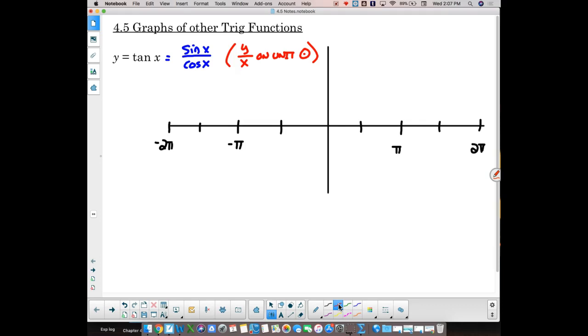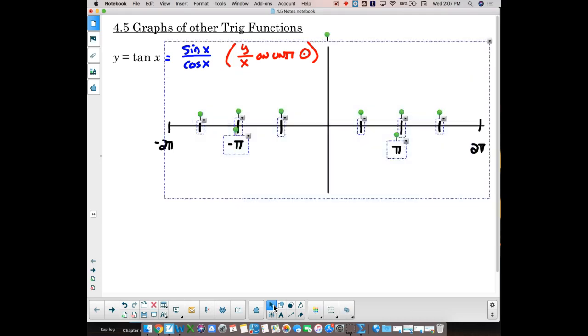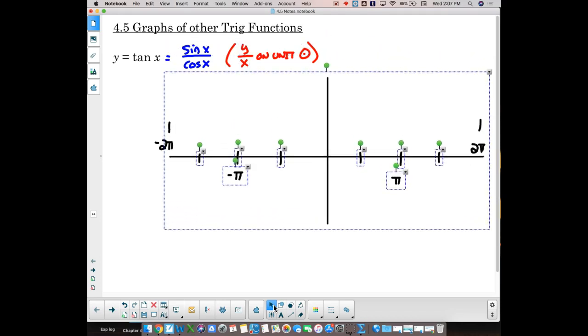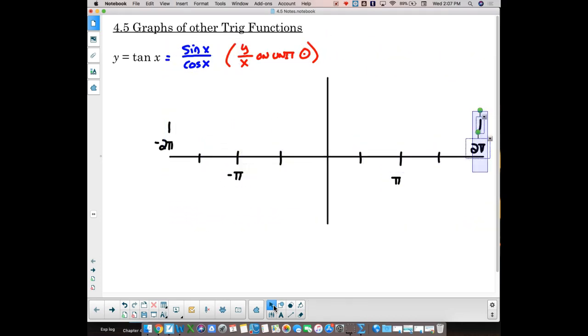So based off of that, and the fact that I want to graph this, I'm going to pull this down just a smudge. Down to there. Oops, got to bring these down too. All right. So we got that.